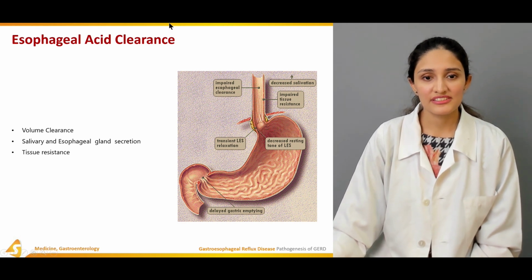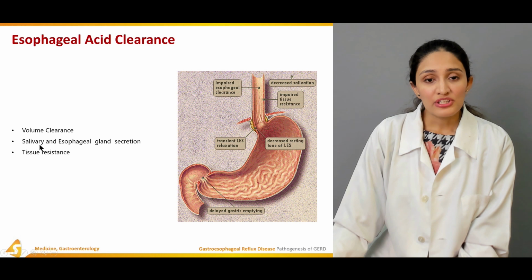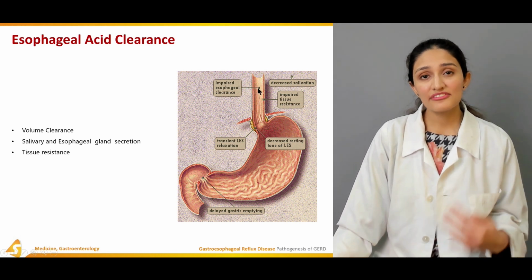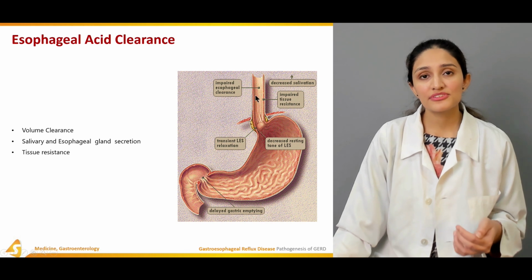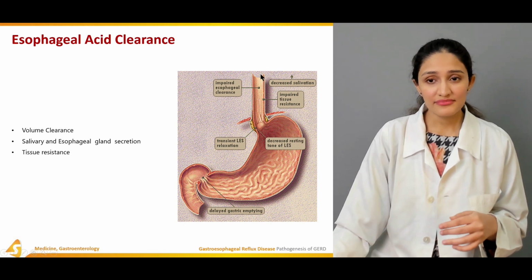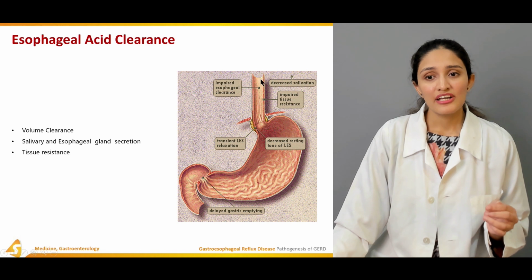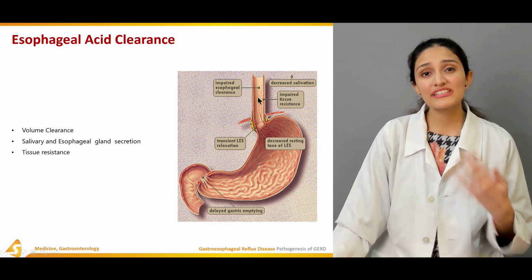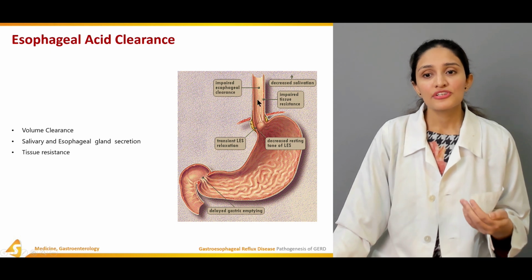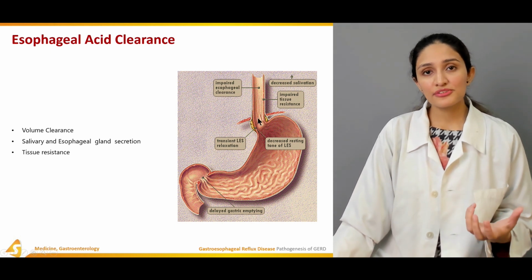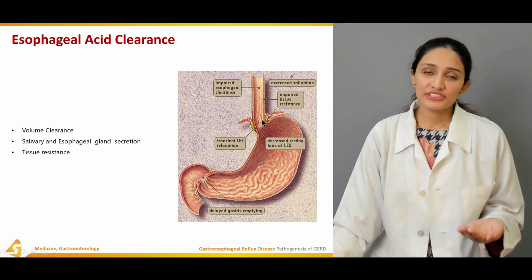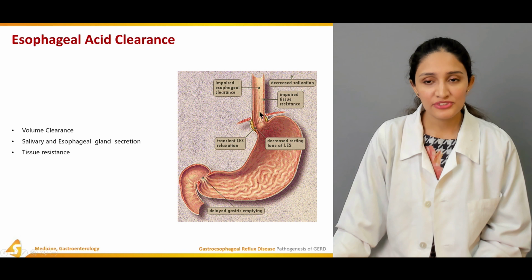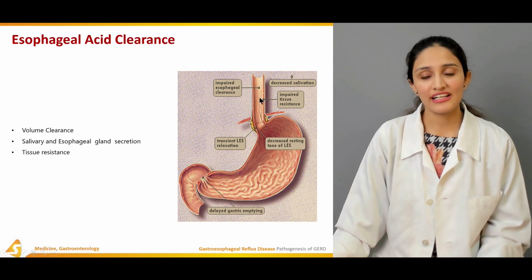If we talk about the second most important part, it is the salivary secretions. The normal saliva produced is 1 to 2 liters. Whenever there's acid present in the esophagus, it increases the production of saliva. In other words, acid stimulation helps in increasing saliva production and also increases the peristaltic activity.